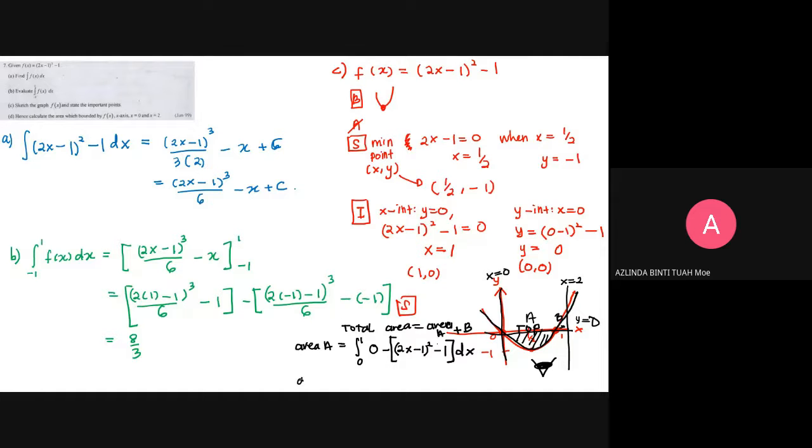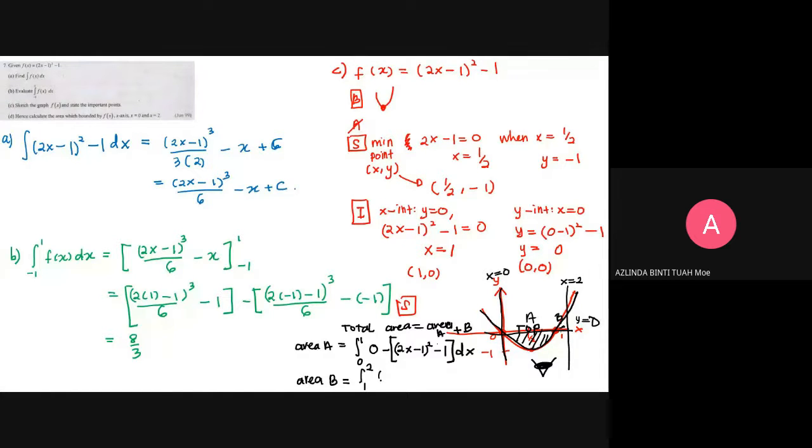Okay, area B is equals to the integration from 1 until 2. The top curve is the function f(x). Ini atas top, ini bawah bottom.